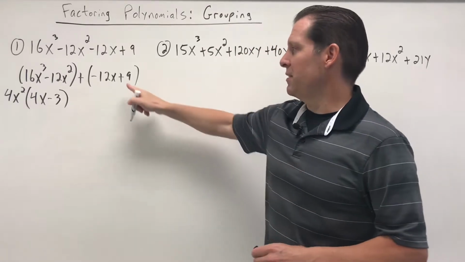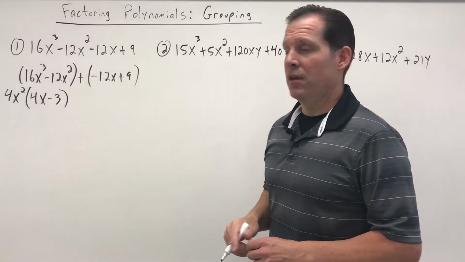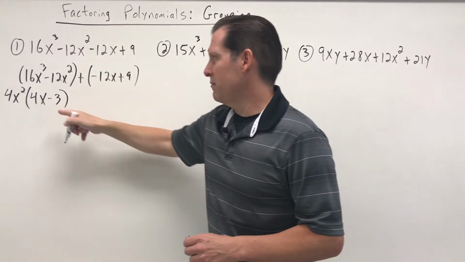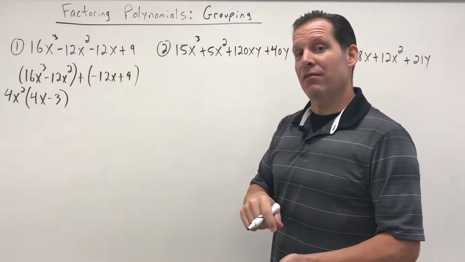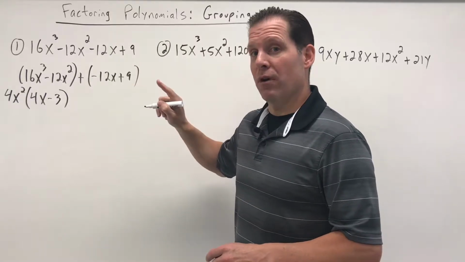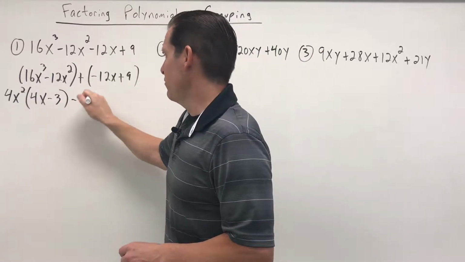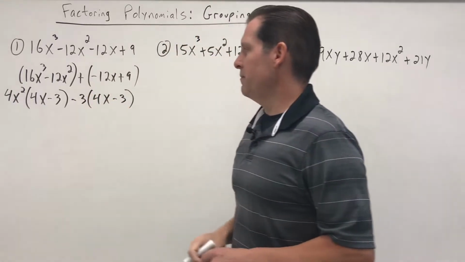Now I want to take something out of here that's going to leave me with a 4x minus 3. You might already recognize that these signs are opposite. To fix that, I want to make sure I take out a negative factor, then it will change the signs. If I take out a 3, that'll give me the numbers that I want. Take out a negative 3, that'll give me the signs that I want. So I take out a negative 3, and that leaves me with 4x minus 3.